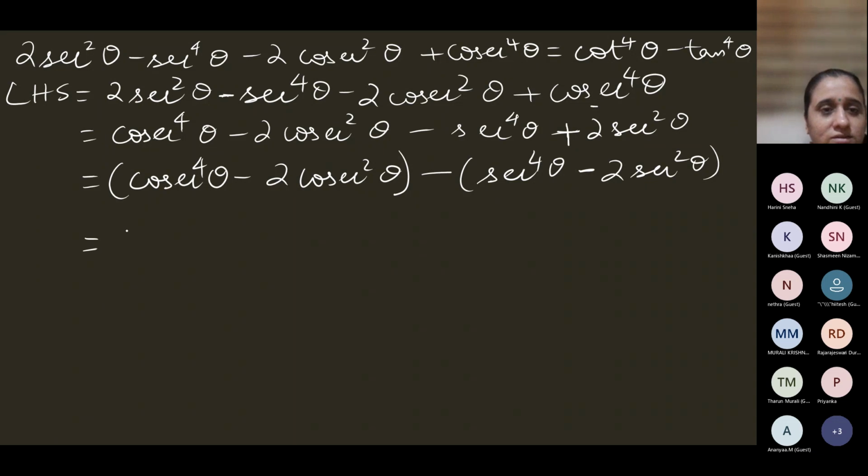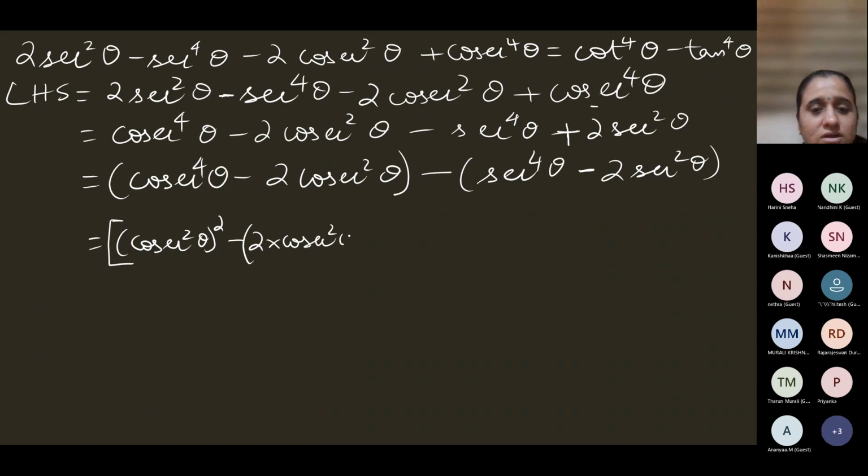Now we are going to introduce that b term. Let me not repeat; let's write something new. Every step should have something new, right? So let's write this as cosecant squared theta the whole square minus 2 into cosecant squared theta into 1, plus 1 the whole square. You will understand, children, I'll explain.